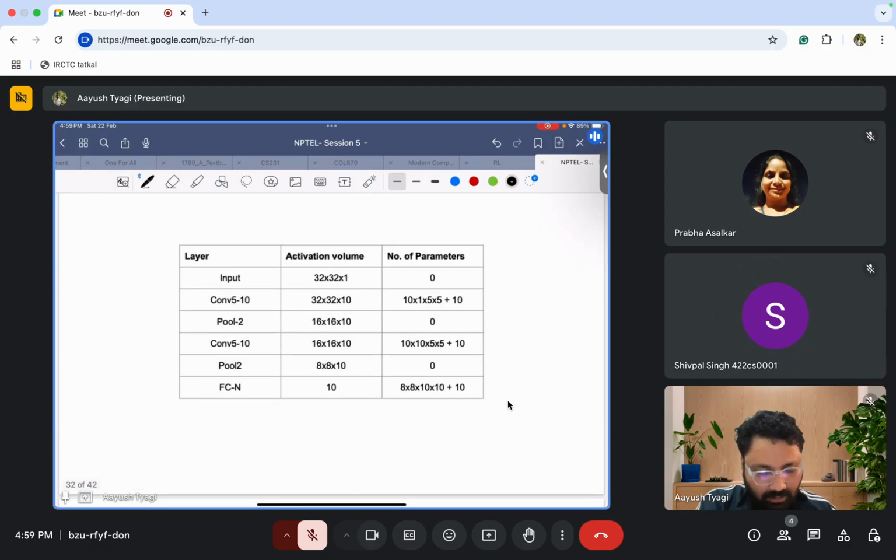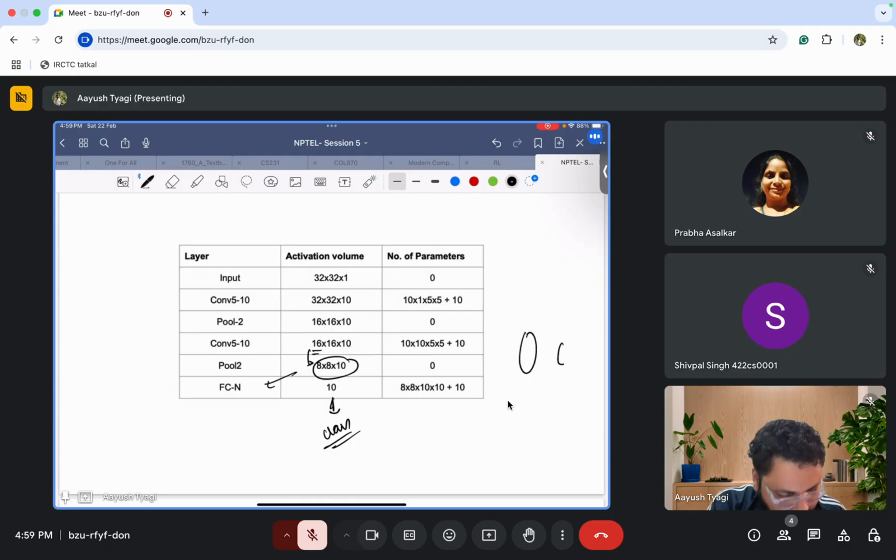Again, if you do a pooling operation, we basically halve the size, and then you can feed it to a fully connected layer which will output 10 classes, right? And what is the number of parameters in this case? You are projecting this, which is 8 cross 8 cross 10, to 10.